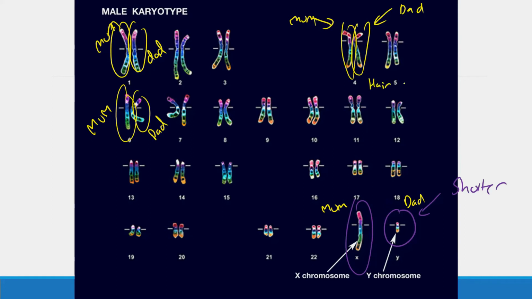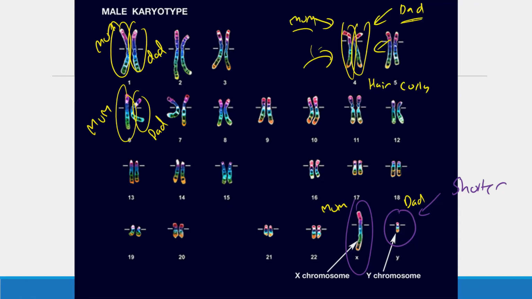So for this chromosome, you'll get one from your dad and one from your mum, and that might both control whether or not you have curly hair or straight hair. So that's part of it. All of these chromosomes are different, but they still come in pairs because one comes from mum and one comes from dad. And even the sex ones come in pairs.